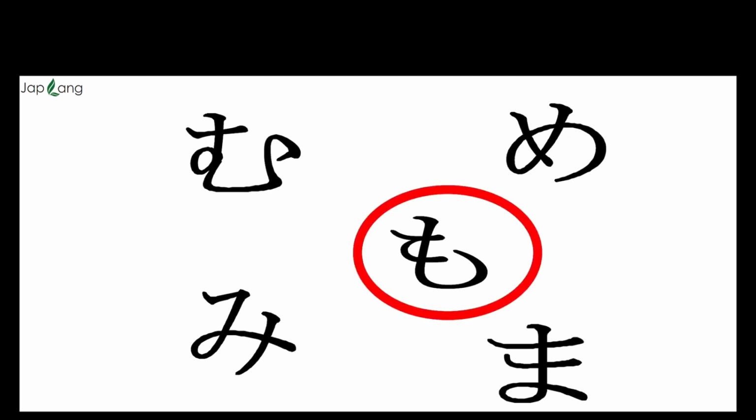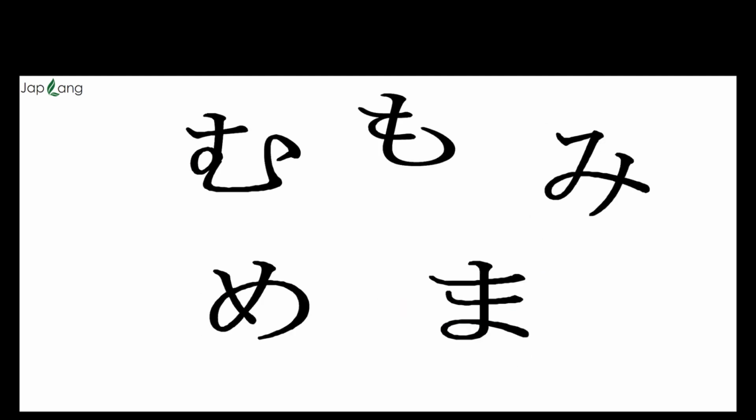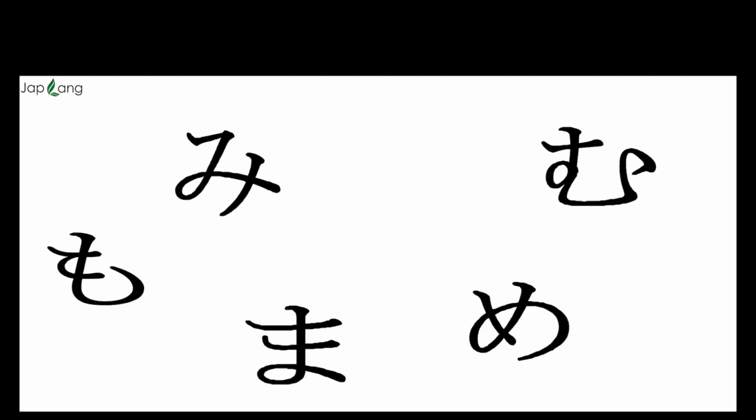Great. Okay, next is, where's Ma here? Ma is the bottom, right hand side. Okay, where's Mu here? Mu is right hand side, top corner, right?